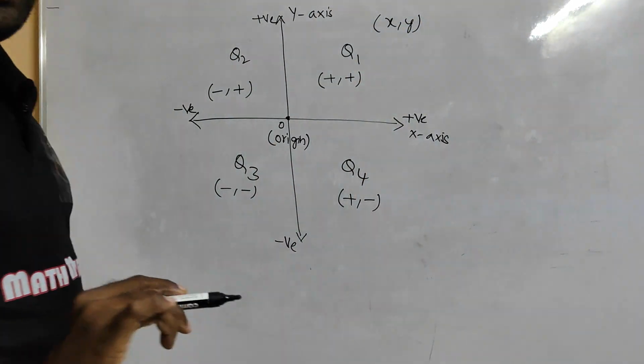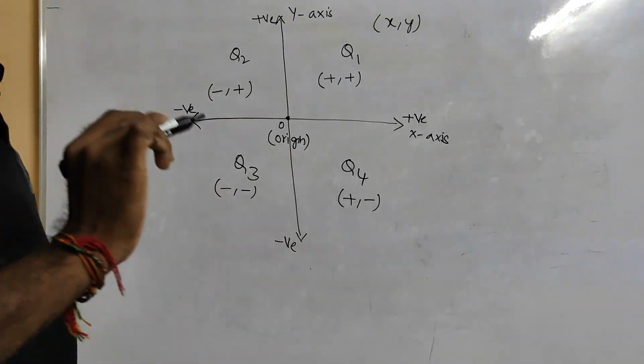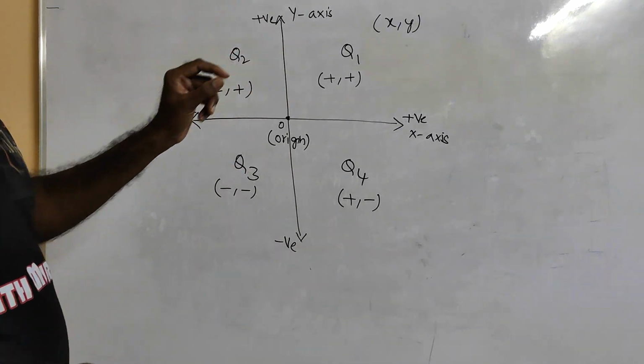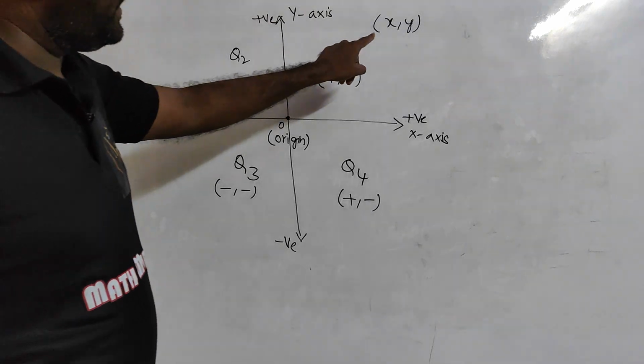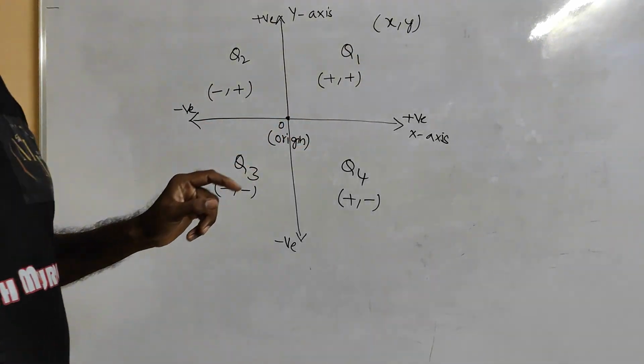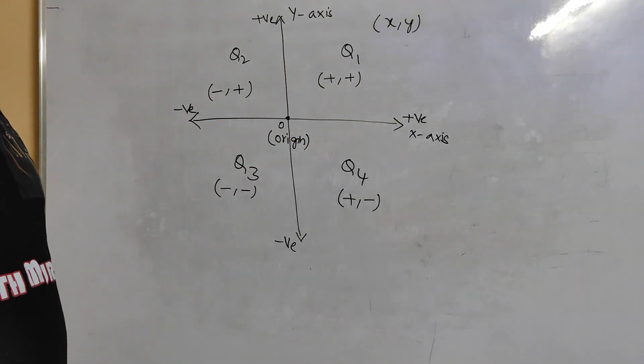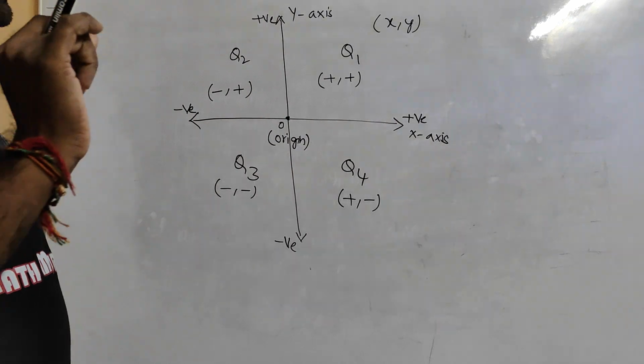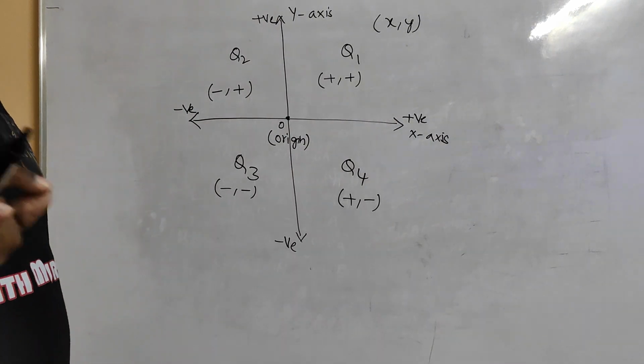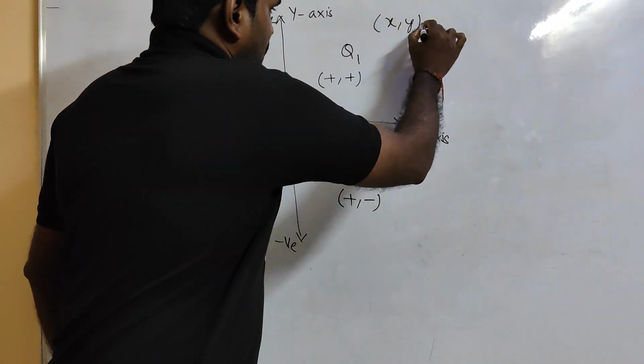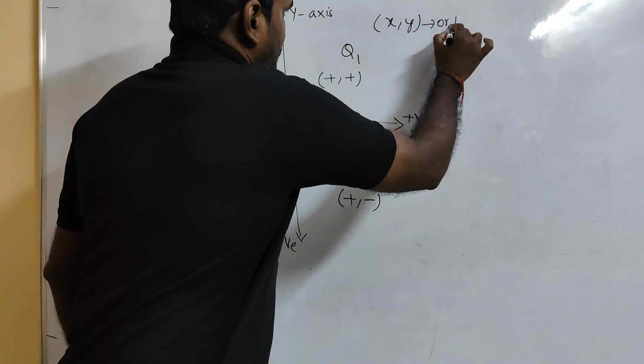We represent any point in the form x comma y, and this bracket is called an ordered pair. That means the order should not be changed. First x has to be there and next y has to be there.